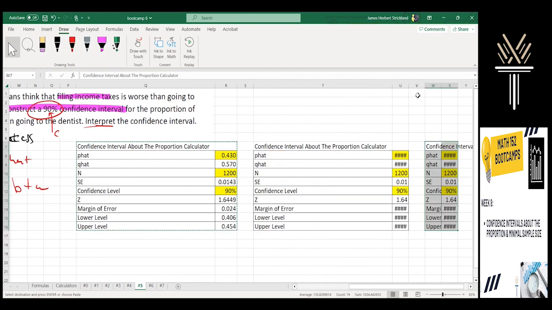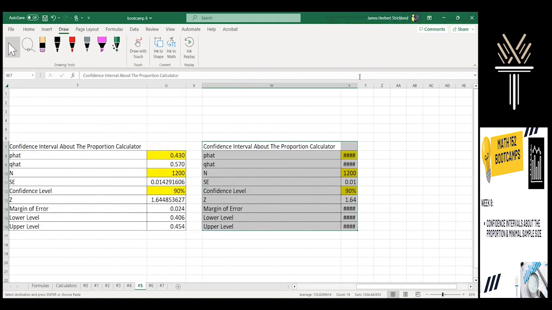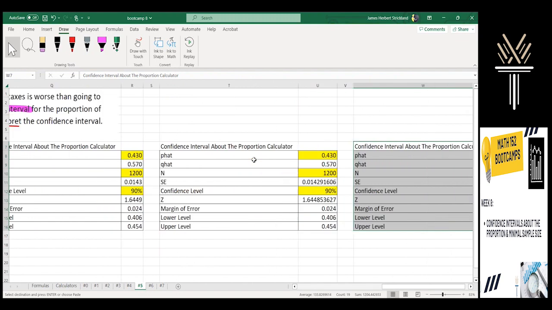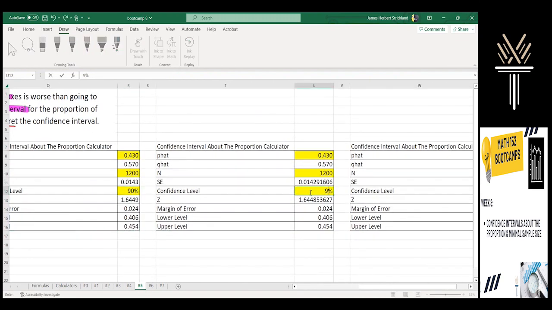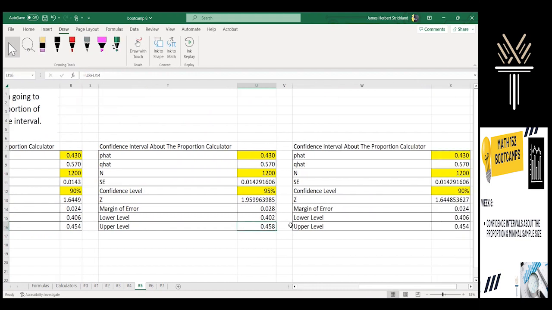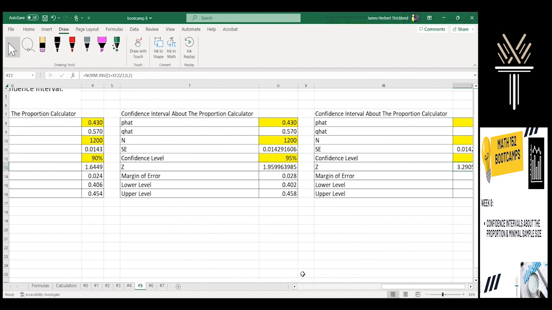Expand my cells. All I want to do is see what happens if we change that confidence level. Right now we have a 90% confidence level. Let's go up to 95%, and then a little higher, maybe 99.9%. Let's see what's happening.